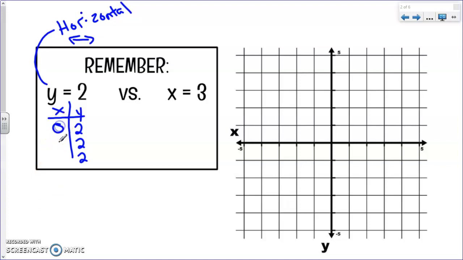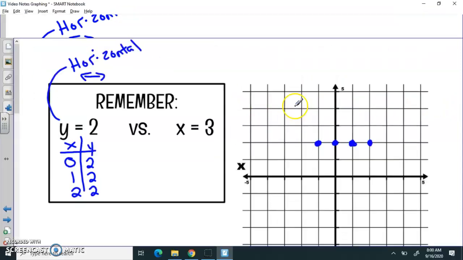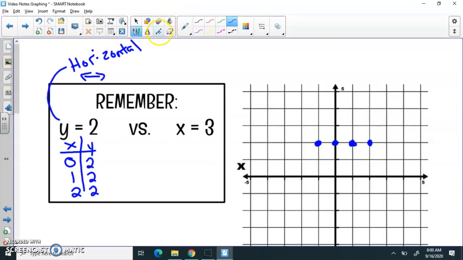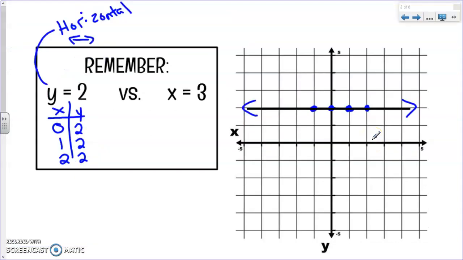We could say x is 0, x is 1, x is 2. We could go negative. So at 0, y is going to be 2. At 1, y is going to be 2. At 2, y is going to be 2. At negative 1, y is going to be 2. So no matter which way I go, y is always going to be 2. So it's going to make that horizontal line. So let's grab our line. And again, this line does not end where our graph ends, so we're going to put arrows there.